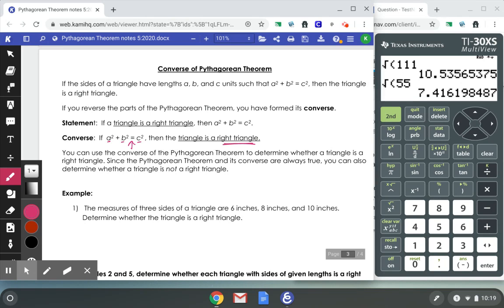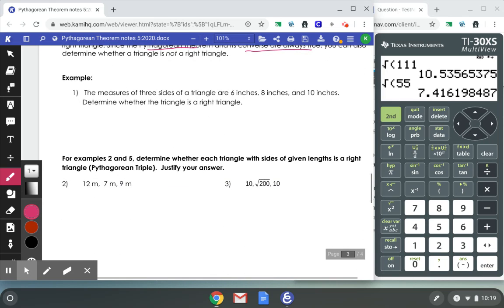Pythagorean theorem will always be true for right triangles, so we are going to use that fact to determine whether it is a right triangle or not. All right, let's look at an example. It says the measures of the 3 sides of a triangle are 6, 8, and 10.